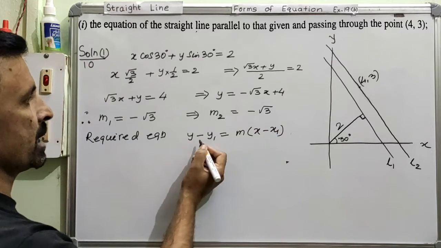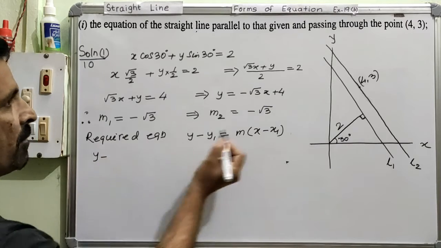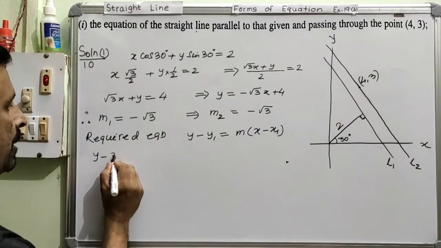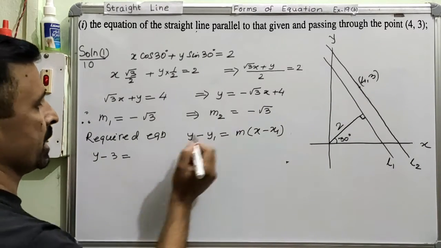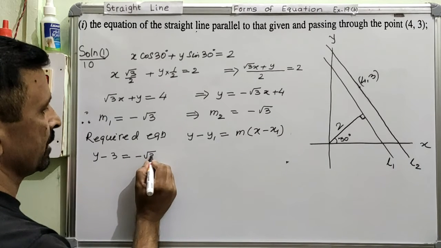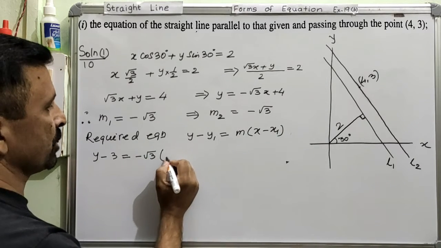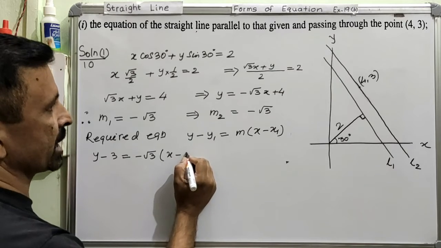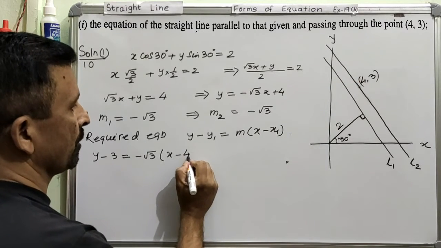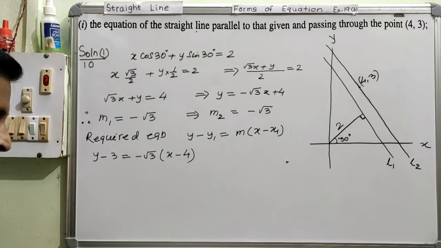So let us put in the values. y minus y1, which is 3, is equal to m, which is minus root 3, into x minus x1, and x1 is 4. Now after this we can solve it.